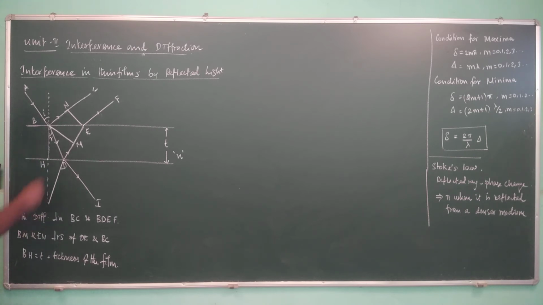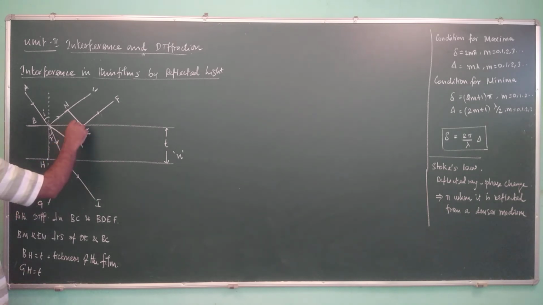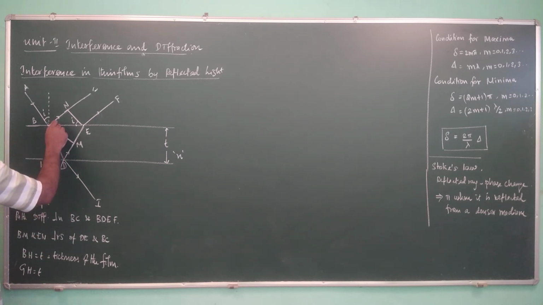Both will meet at the point G, and now this height GH is also equal to t. So BG will be 2t. This angle also becomes r. Here this angle is equal to i, and this angle is equal to r.